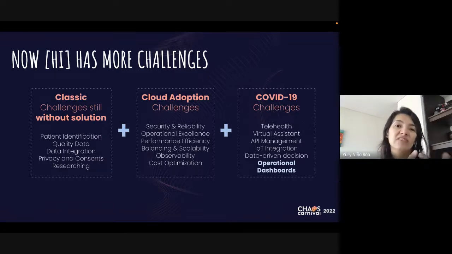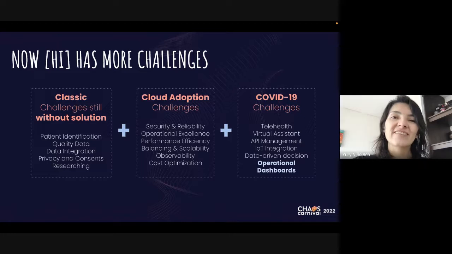Now, healthcare informatics has more challenges. I am talking about classic challenges, still without solution, which include patient identification, quality data integration, privacy and consent researching. But since the industry decided to move the workloads to the cloud, we have more challenges. I am talking about cloud adoption challenges: security and reliability, operational excellence, performance efficiency, balancing and scalability, observability, and cost optimization.